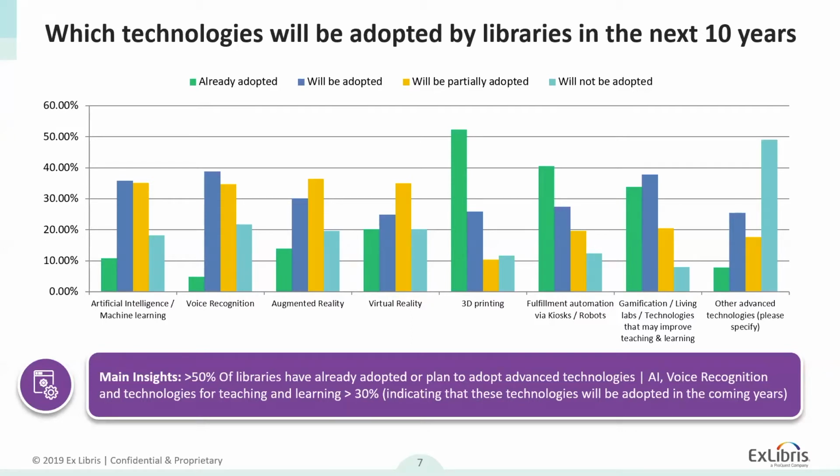And you can see here we asked about a number of different technologies: artificial intelligence and machine learning, voice recognition, virtual reality, 3D printing, and others. And our main insight was that more than half of the libraries either have already adopted or are planning to adopt some of these advanced technologies.